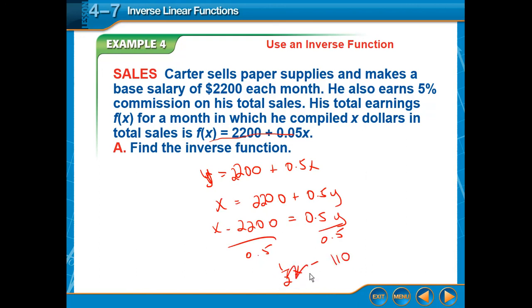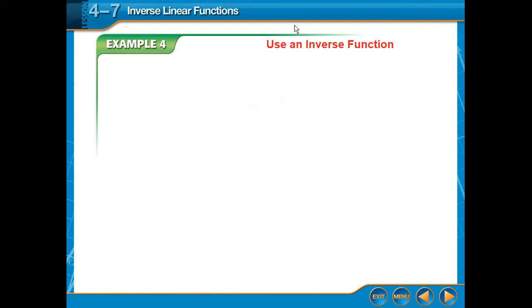Dividing by 1/2, not multiplying. So this is going to be 4,400... 2x minus 4400 equals y. Okay, so then from there, the last thing I'm doing is I'm just calling it f inverse of x equals 2x minus 4400.